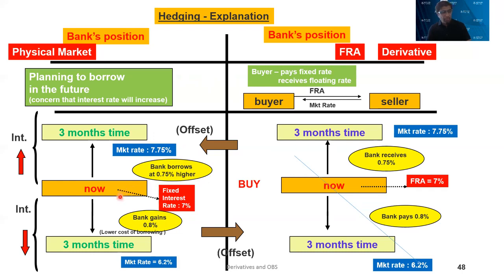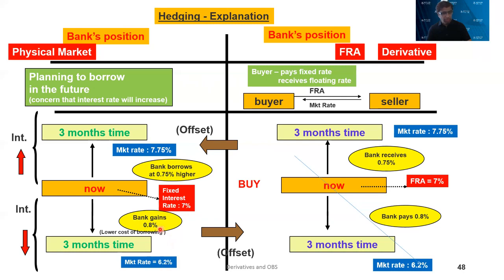Now, assuming the rate goes to 6.2, which means 80 basis points have dropped. So in this case, you will have to pay 80 basis points to the seller. If the interest rate drops, of course, the seller will benefit and he will get the difference between the FRA contract and the market rate, which is 7% minus 6.2.